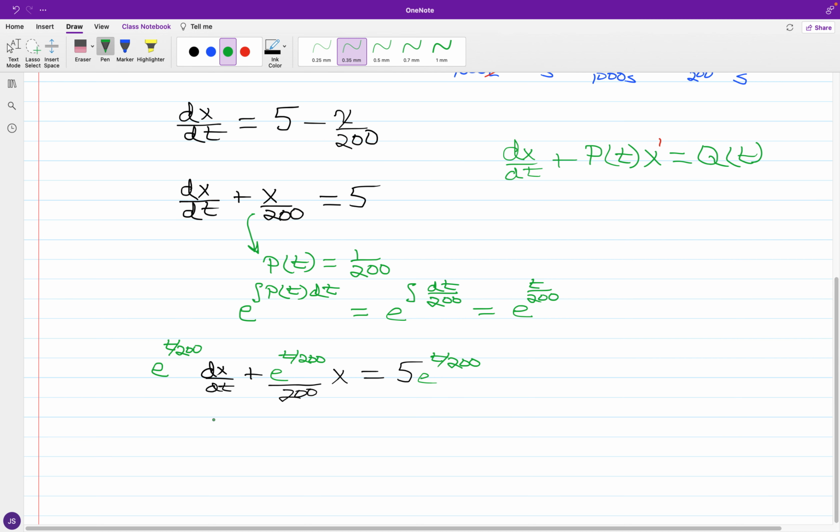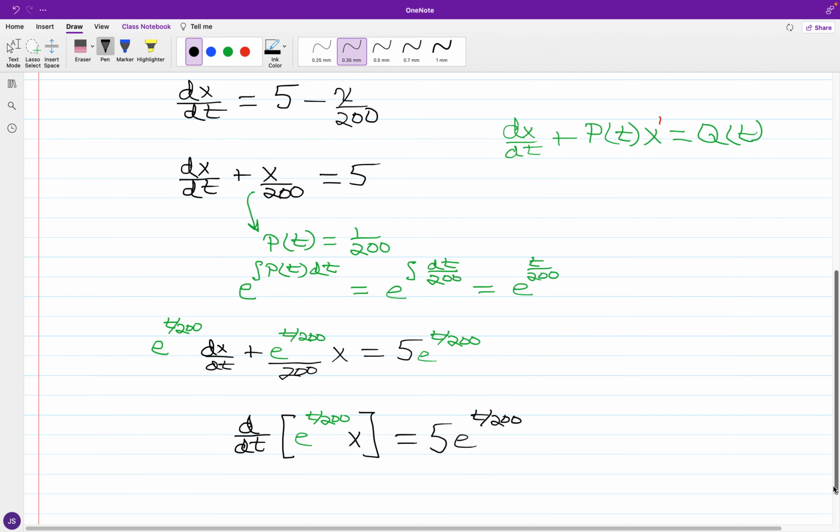And once again, for the left-hand side, this will turn out to be the product rule expansion of taking the derivative of the product that we have as we multiply the integrating factor and the dependent variable. And to the right, you have 5 times e to the t over 200.